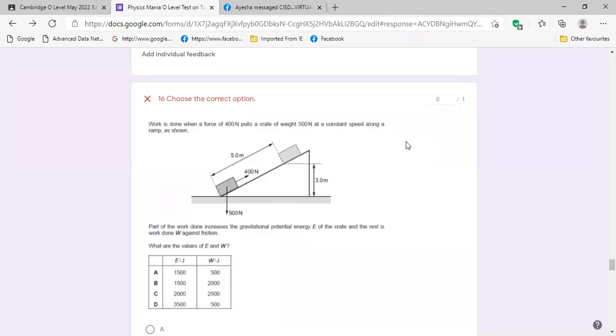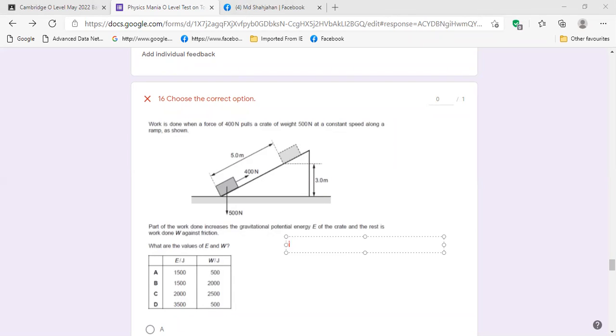So what should be the answer for E? 3 into 500, right? So the change in GPE, they are saying increases.